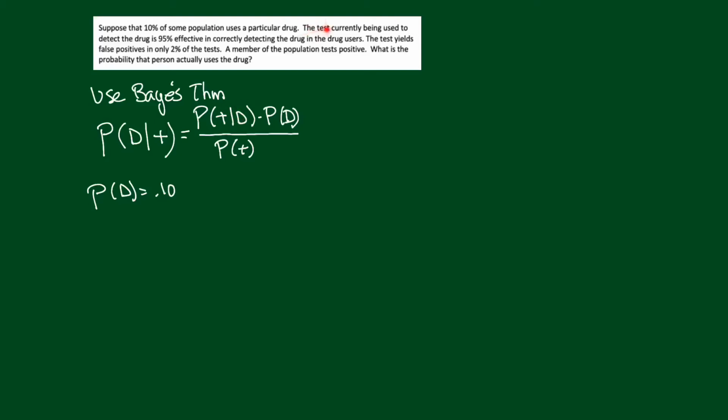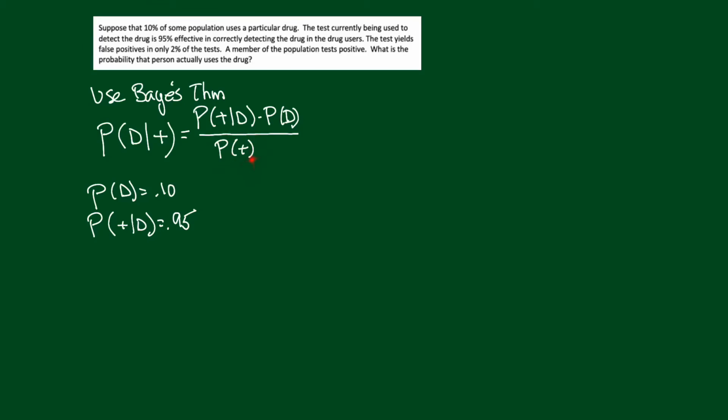What this says up here is that the test currently used is 95% effective, which means if you're taking the drug, you get a positive result 95% of the time. That's this: the probability of a positive result given use of the drug is 0.95. So we know that one.